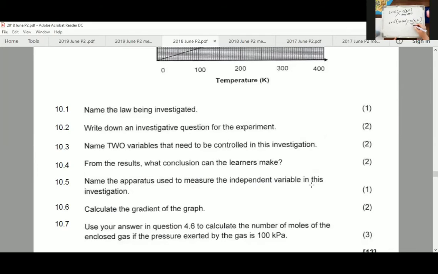Get rid of the 8,31 by dividing by it. I'm just going to work that out quickly. And I get 2,41 times 10 to the negative 3 mole.